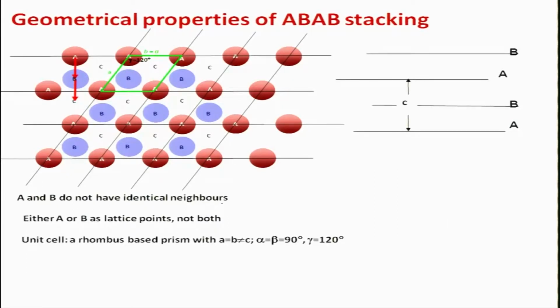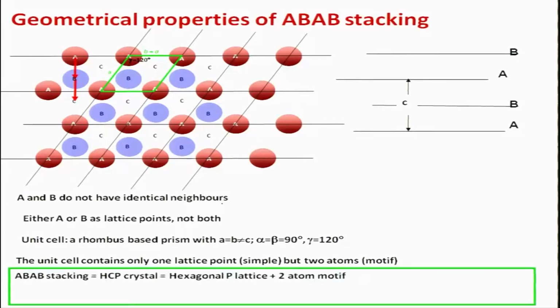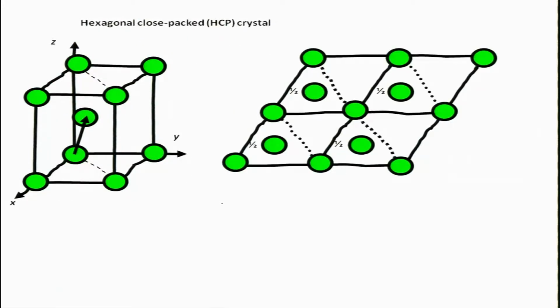So the unit cell contains only one lattice point, but two atoms. You do not consider both of them as different lattice points. So this is the hexagonal closed pack structure.